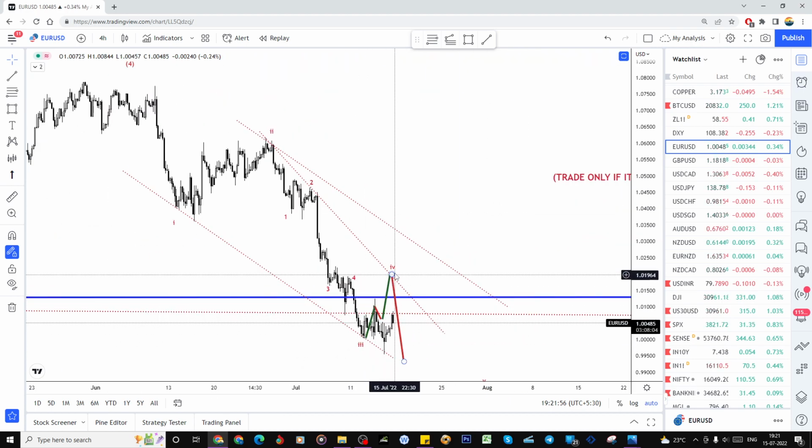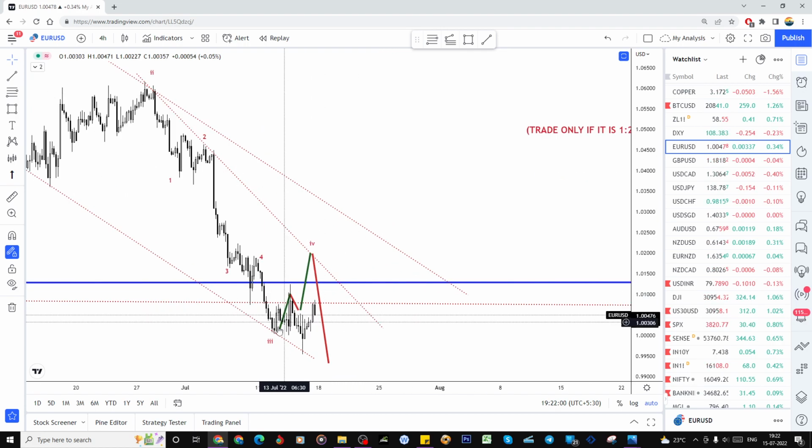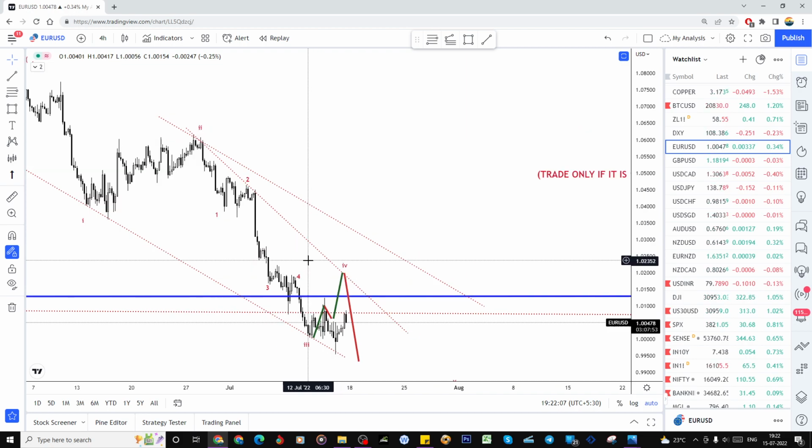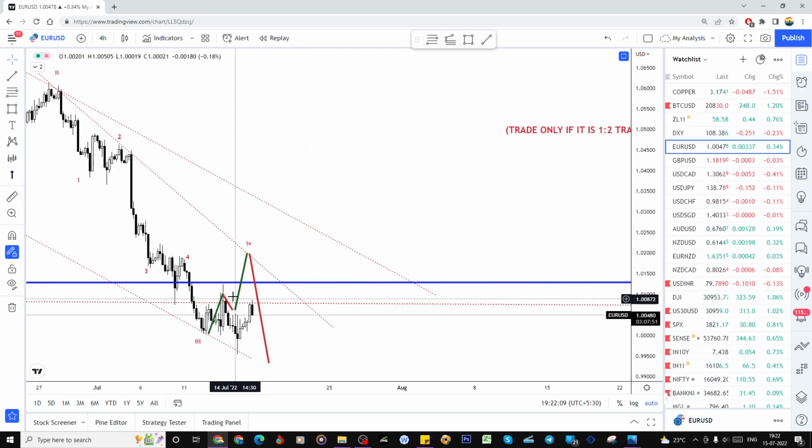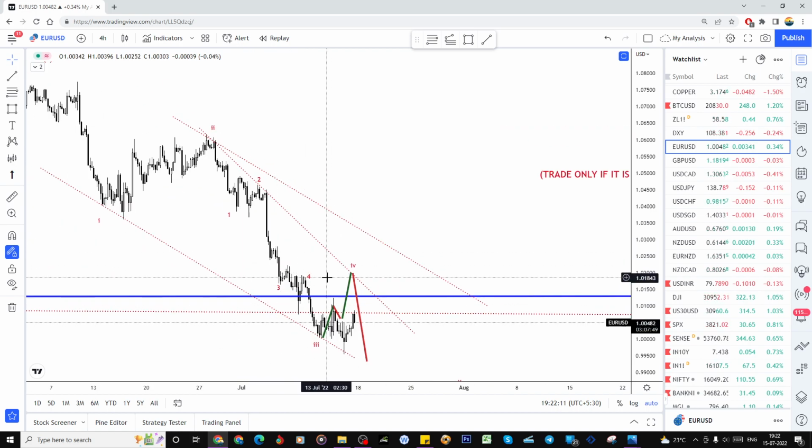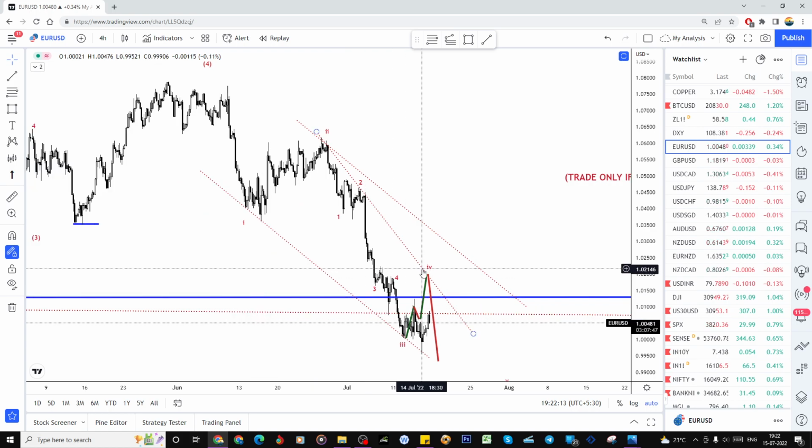I was expecting this one, 1.9. But look at what happened. That is why I was expecting this as a target, not to be on the buy side. Every time I keep on informing that I'm expecting the pullback, no need to be on the buy side, but where we are, not to be on the sell side.